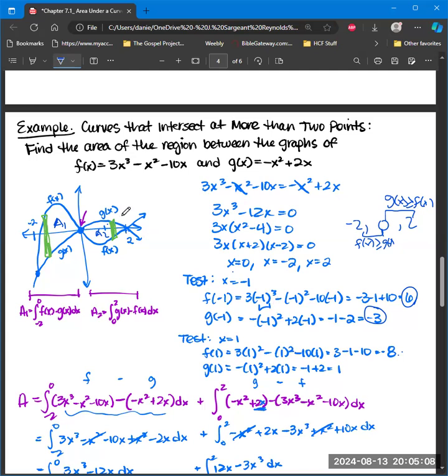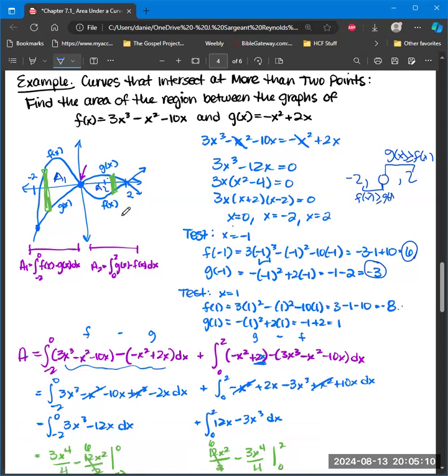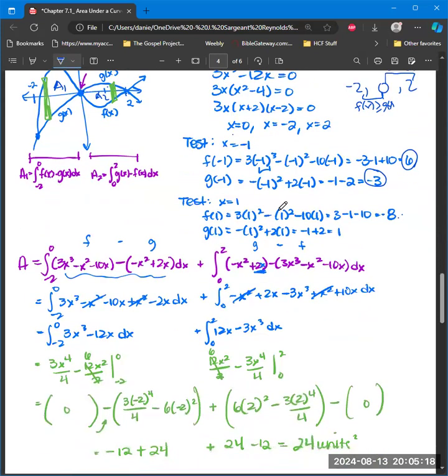Well, it doesn't look this way here. This is an odd function right now, so there's going to be symmetry there. That's going to help us in a little bit, that we're going to have just as much area below and above.